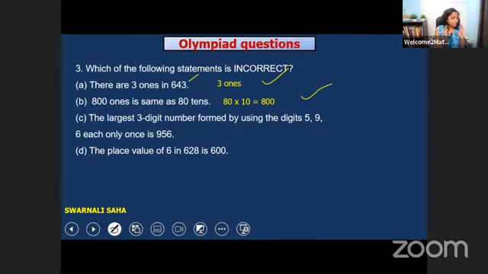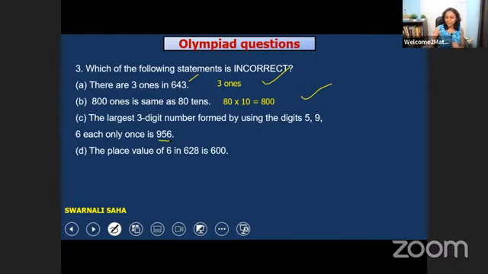Option C is the largest 3-digit number formed by using the digits 5, 9 and 6 only once, and it is 956. What do you think? Is it right or wrong? You see 5, 9, 6 and each digit we have to use only once and we have to make the largest 3-digit number by this.